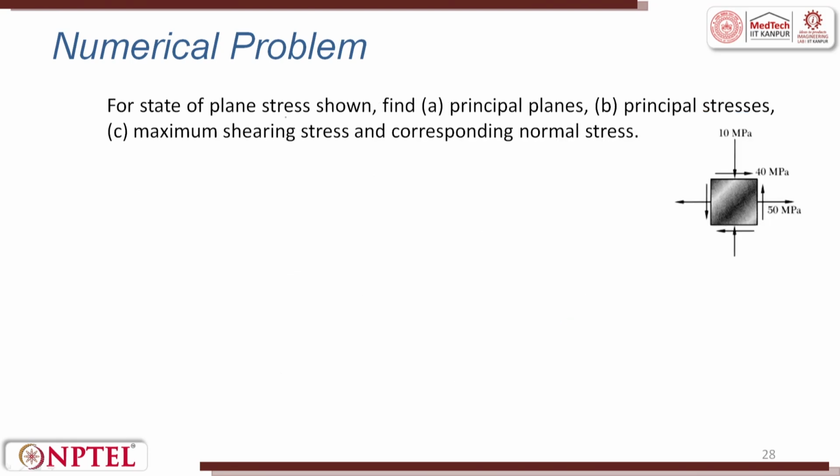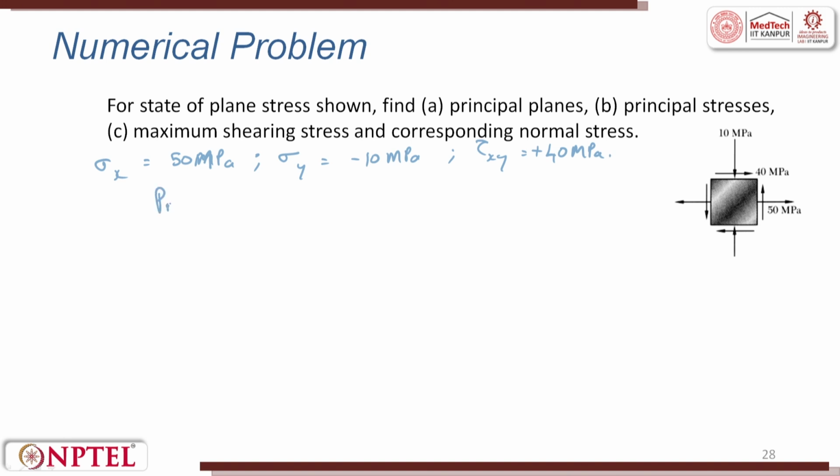For the plane stress shown, find A, principal plane and principal stress, and C, the maximum shear stress and corresponding normal stress, where sigma x equal to 50 MPa, sigma y equal to minus 10 MPa, and tau xy is equal to plus 40 MPa.